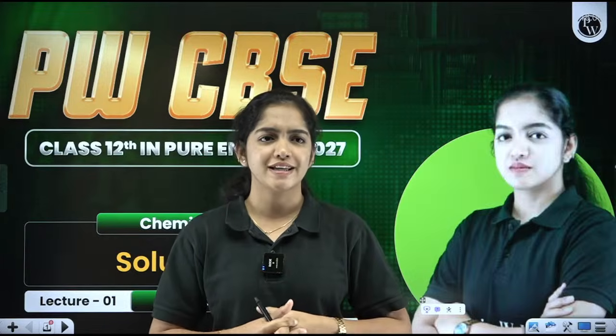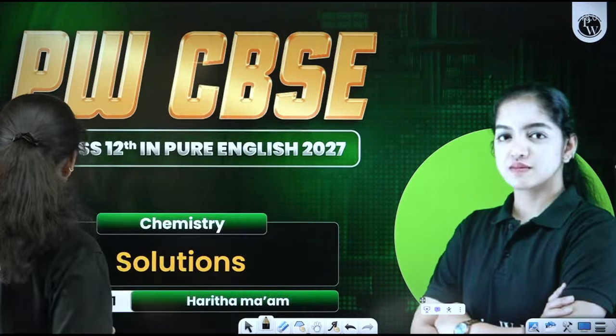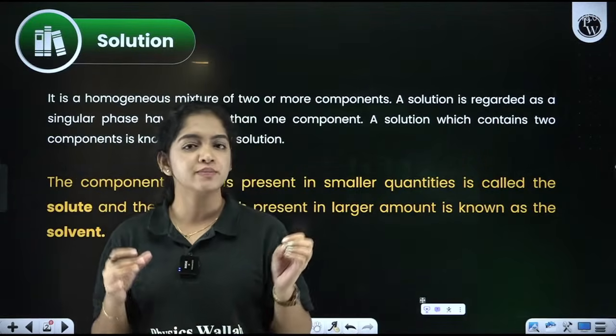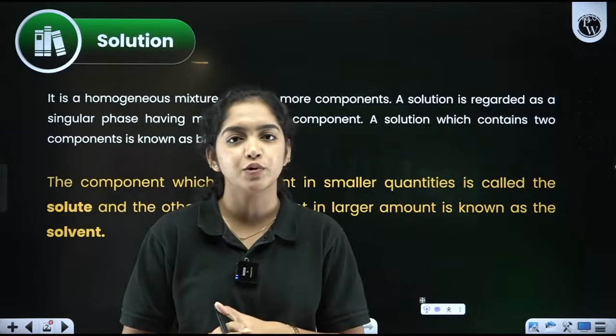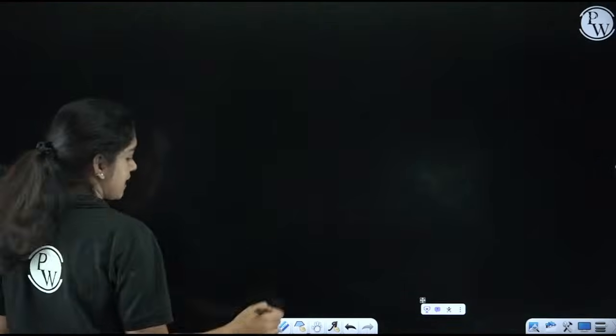So what is a solution? Can you comment? A solution is made up of two components. A minimum of two components is required for making a solution, that is a solute and a solvent. Before that, we should know how we can make a solution.